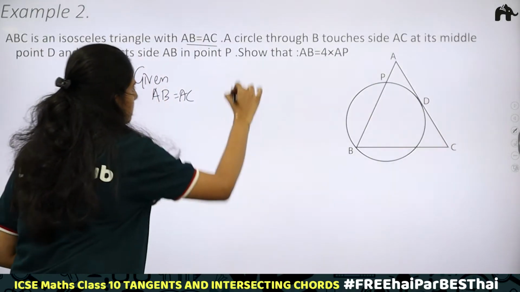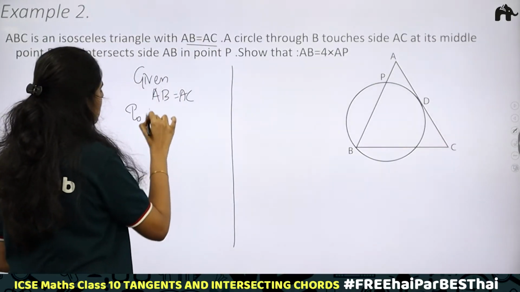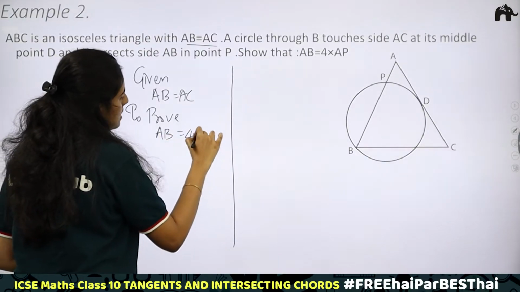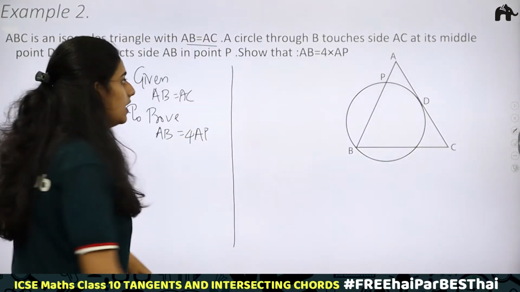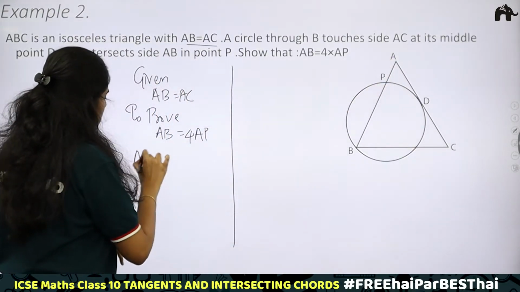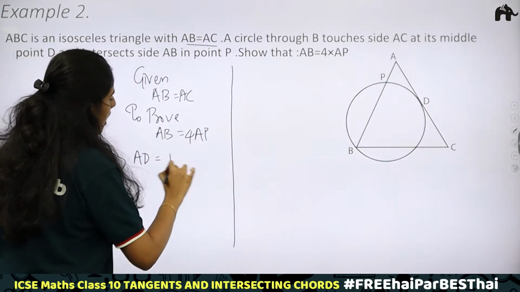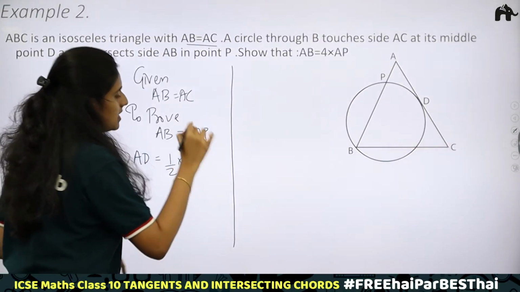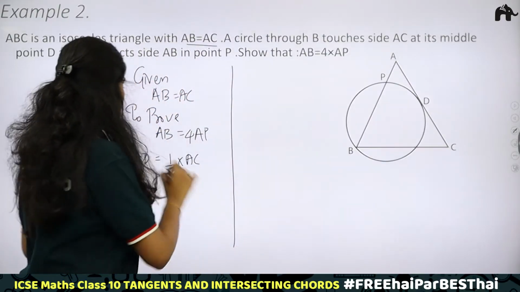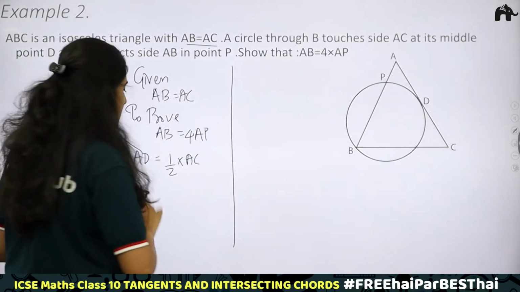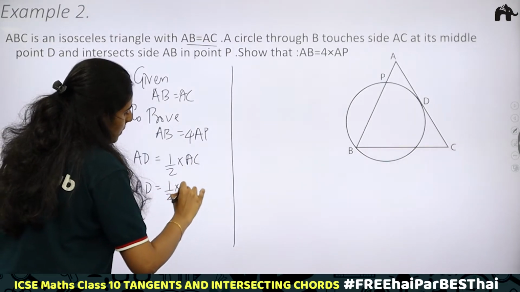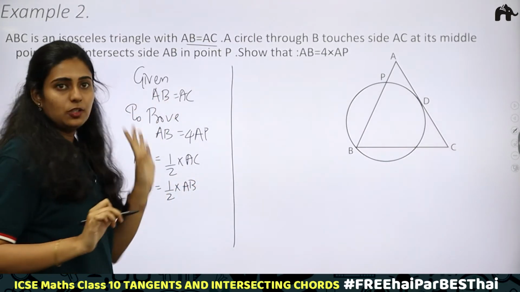So, here, to prove: AB is equal to 4 times AP. Now, we have AD. AD is equal to half of AC, since D is the midpoint. If AD is equal to half of AC, then we can write AD is equal to half of AB, because we have AB equal to AC.